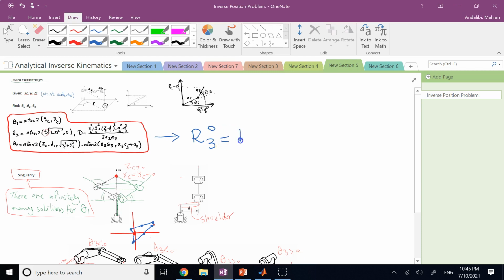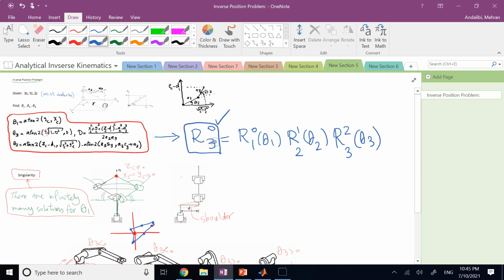Because you can write it as R of 1 with respect to 0, which is only a function of theta 1, times R of 2 with respect to 1, which is a function of theta 2, times R of 3 with respect to 2, which is a function of theta 3. When I know theta 1, 2, 3, and I know they are about what axis, I can easily get my rotation matrix of frame 3 with respect to frame 0. Yes, good, I can have that.